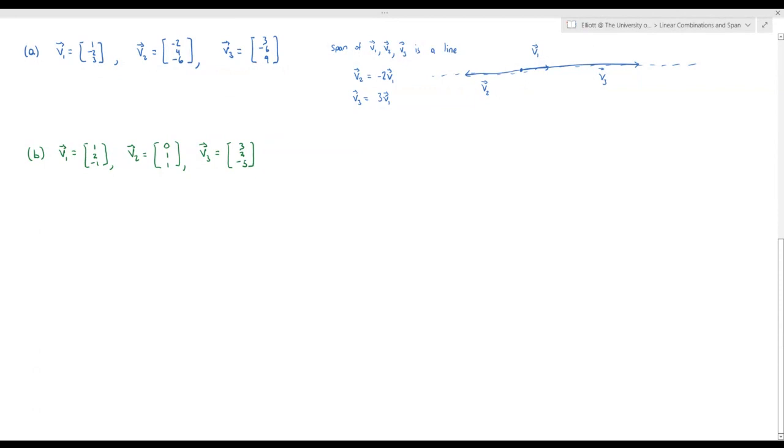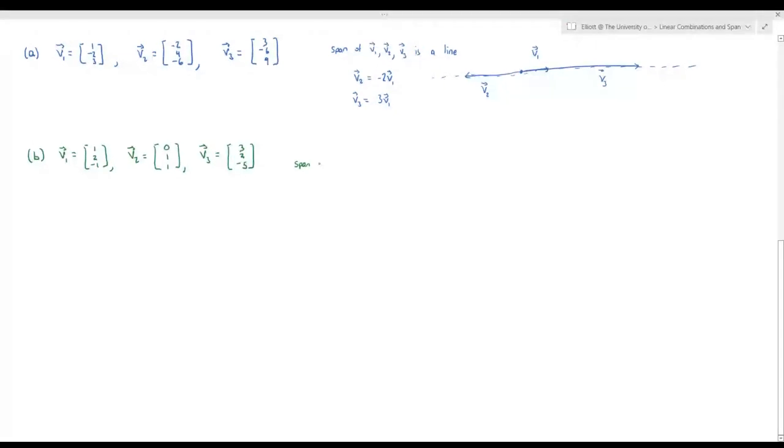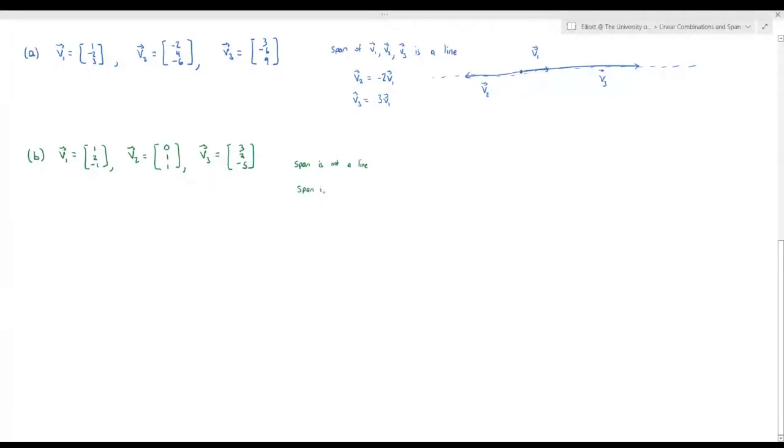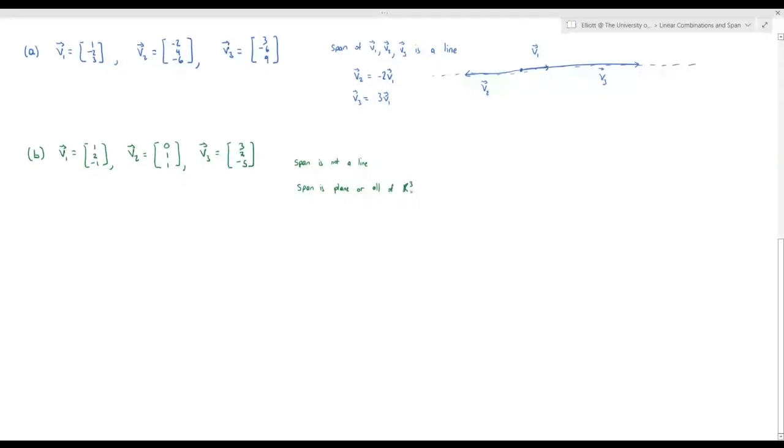Looking at part B, the first thing that's worth noting is that the three vectors definitely span more than just a line, because we can clearly see that these vectors are not scalar multiples of each other, the way that they were in part A. So that means the span of these three vectors is going to be a plane or all of R3. Okay.